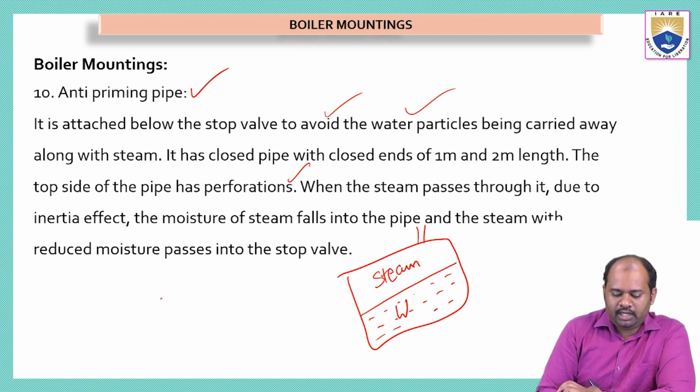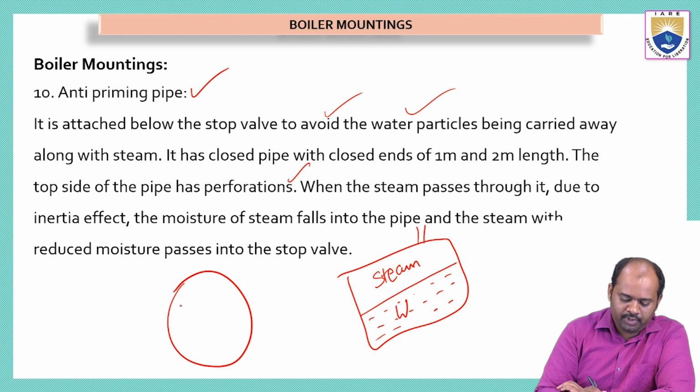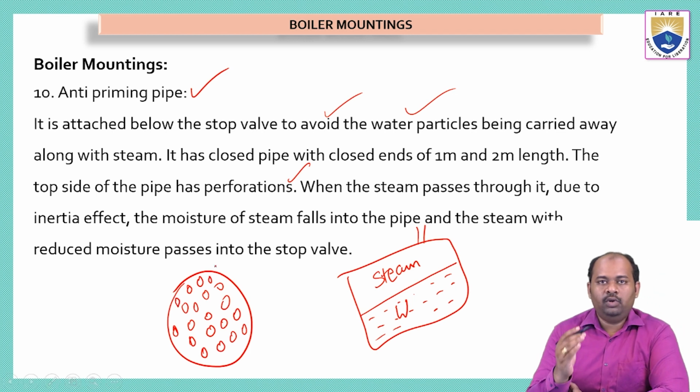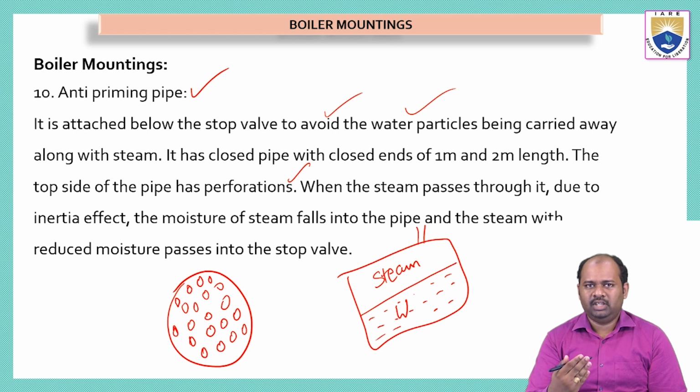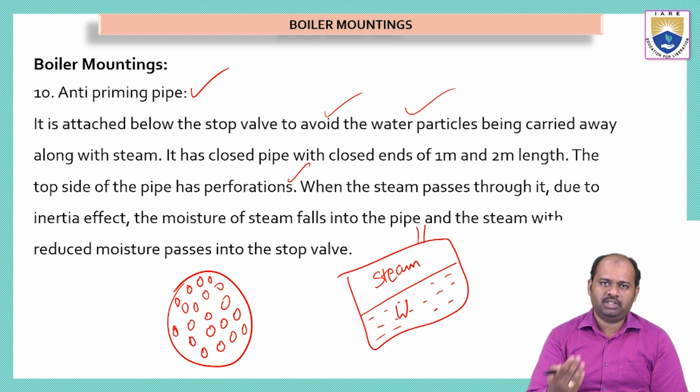So this anti-priming pipe is a circular pipe with perforations, very small holes. The function of these perforations is to make only the fresh steam pass through them. This is like a filter. It will filter the water particles from the steam.